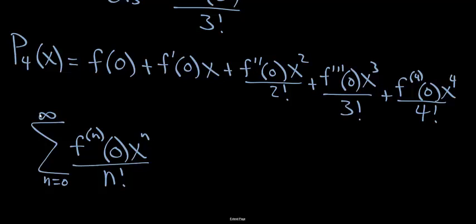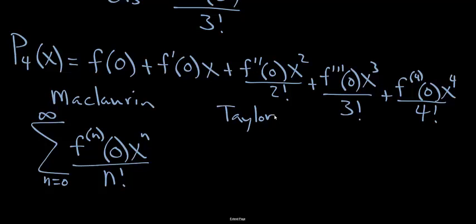Now, if we were going to do a Taylor series, let's suppose instead of expanding around 0, we want to expand around some a, or some c, let's use c since I used a up there. This is a Maclaurin, right? A Maclaurin is a Taylor series, but it's just when we're expanding about 0.